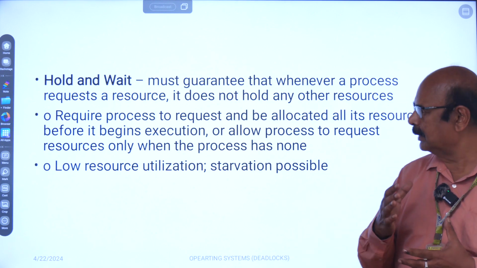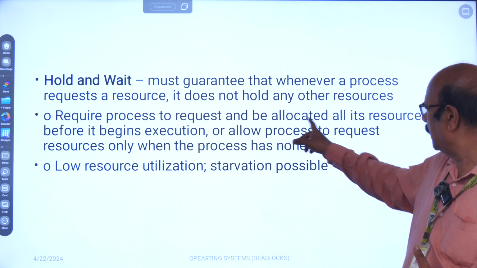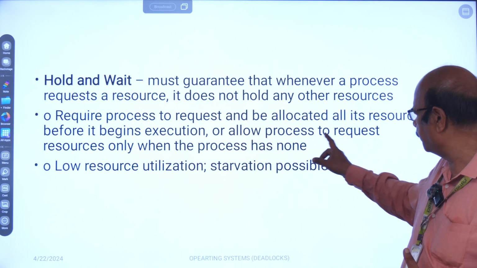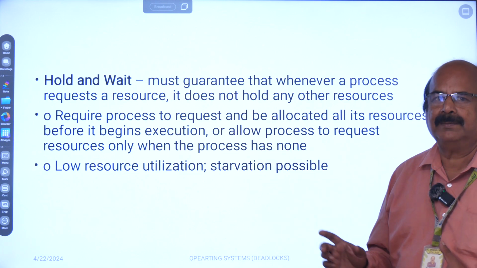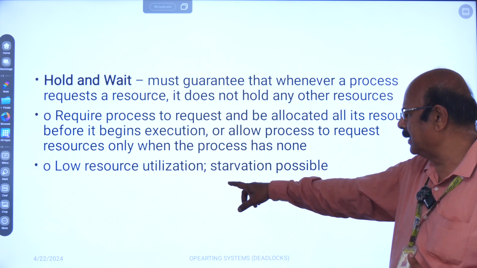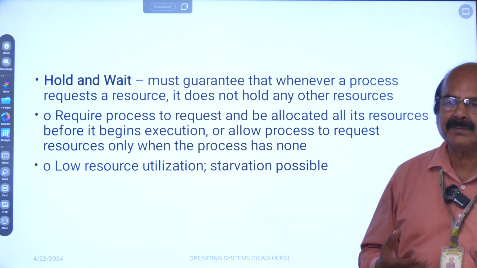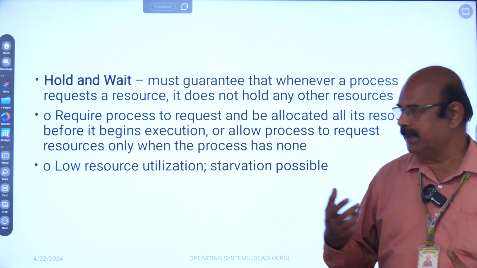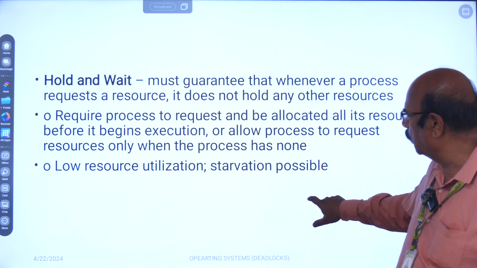This is one of the important concepts here: a process must be allocated all its resources before it begins execution, or allow the process to request resources only when it has none. So that is another concept. The drawback is low resource utilization and possible starvation. Whenever the resources are not used properly, starvation will happen in the system. So this is hold and wait.